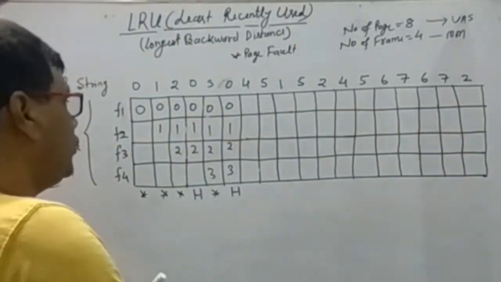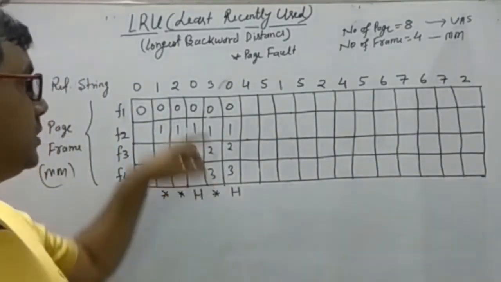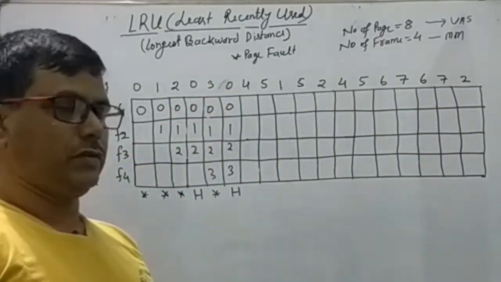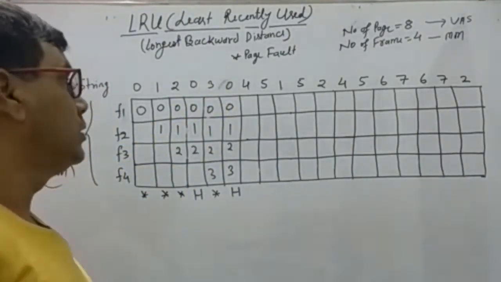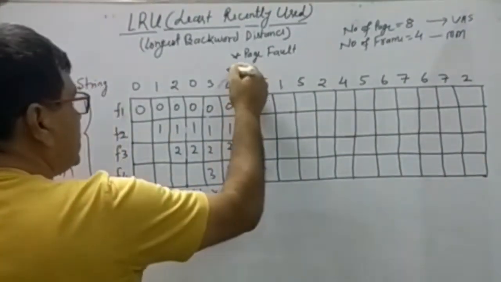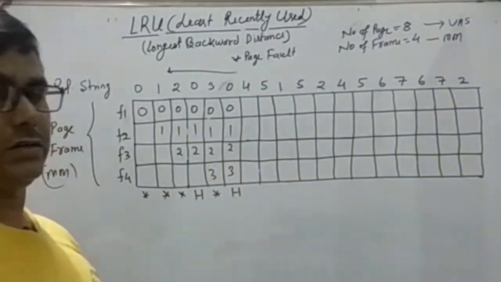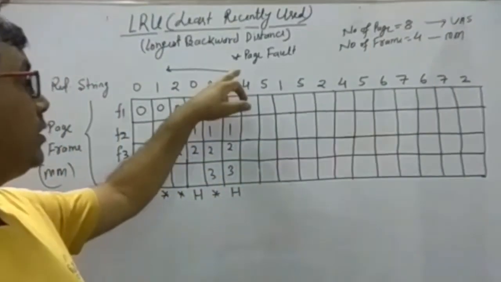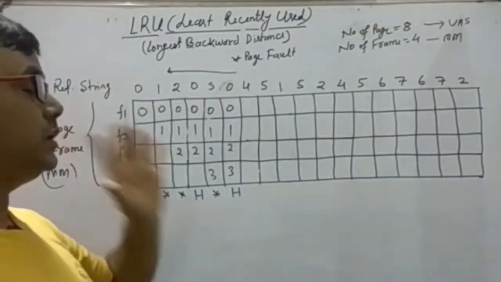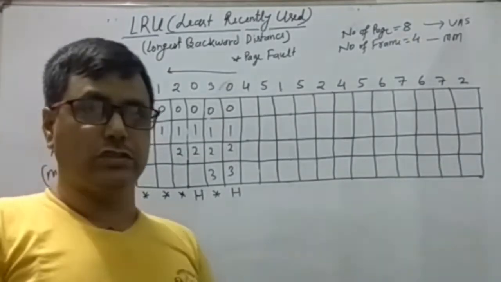So which page will be replaced? Pages 0, 1, 2, 3, all 4 pages are available here. Now we will search backward, starting from 4, to find which page has the longest backward distance, that is, the least recently used.